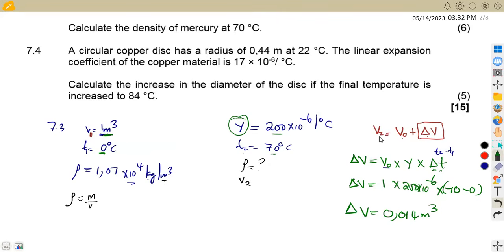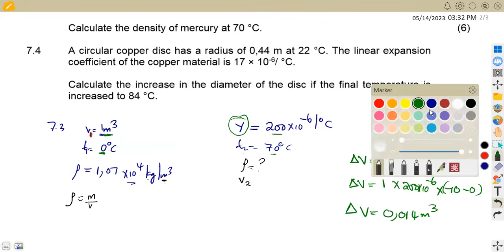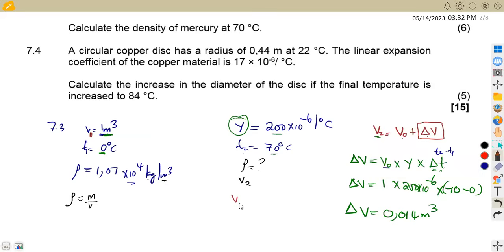So that means we can calculate V2. V2 is going to be the original volume, which is 1, plus the change in volume, 0.014. So we have our V2 of 1.014 cubic meters.